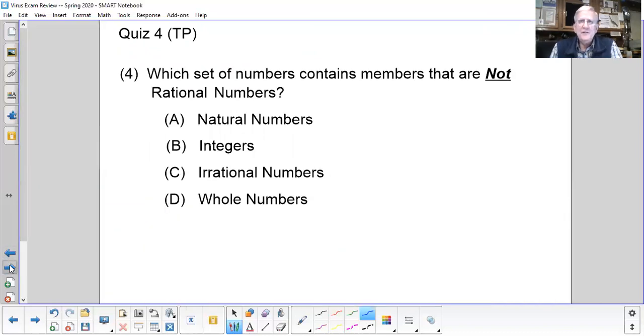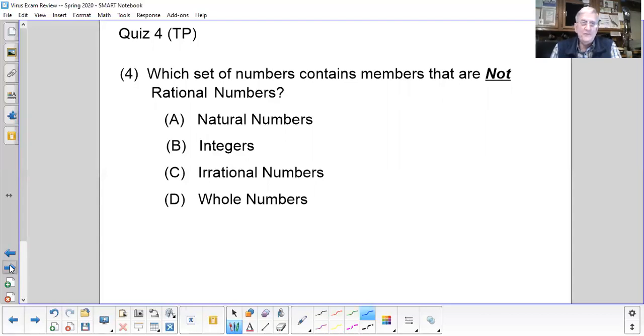Which set of numbers contains members that are not rational numbers? Well, the natural numbers are rational, all of them. The integers are examples of rational numbers because you can stick them all over 1.